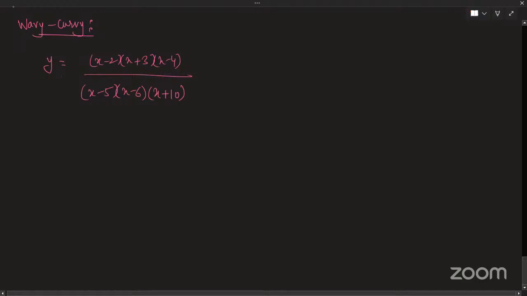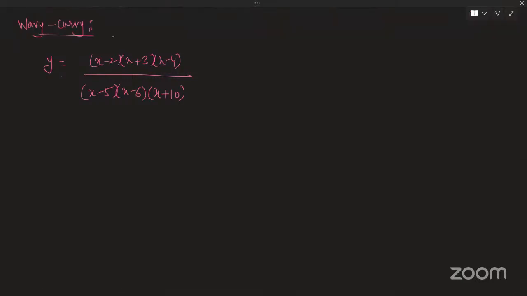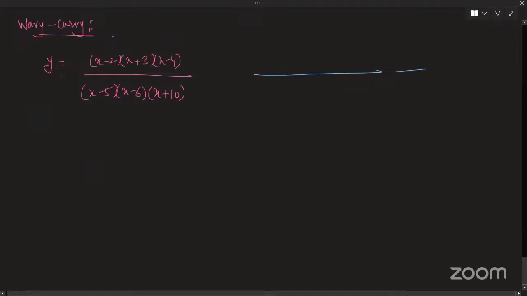You need to check what the intervals are. Obviously this function is valid for all real numbers except 5, 6, and -10. So you need to tell me the intervals on this number line wherein the value of this function is positive and where it is negative.